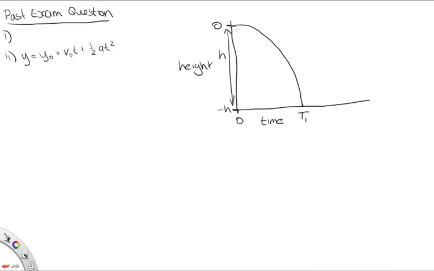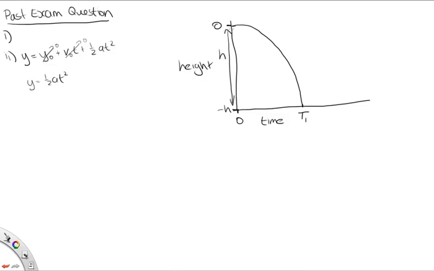Okay, now we've said that y0, the initial height, is 0, so this is 0. The scientist drops the stone from rest, so this is 0 as well. And so we have y is equal to a half a t squared.